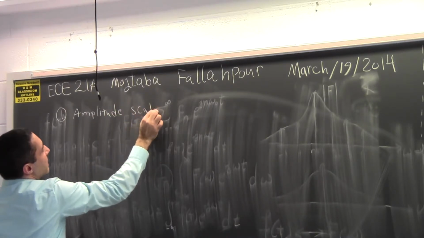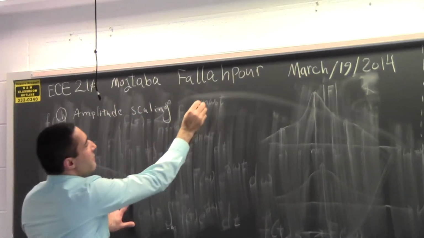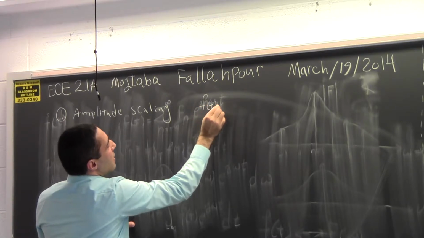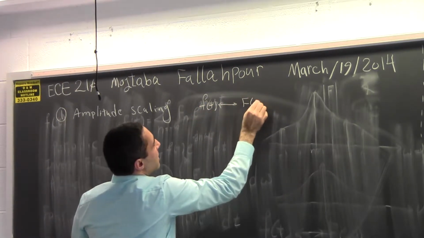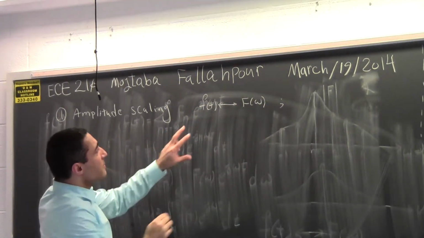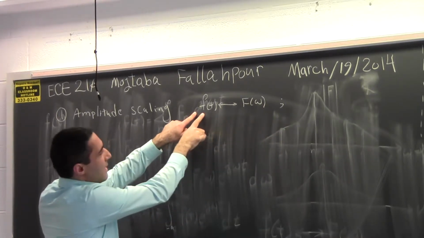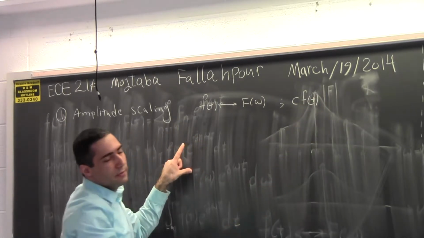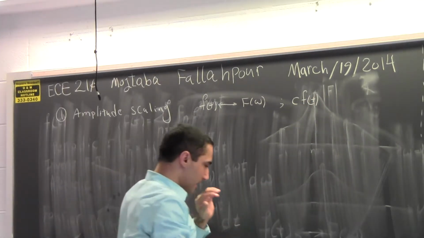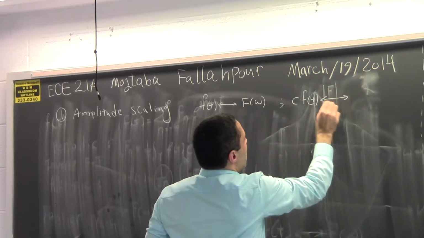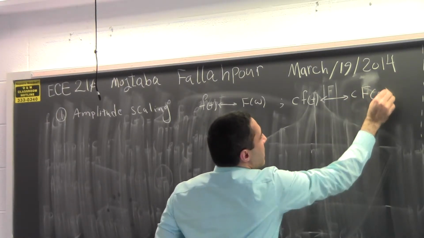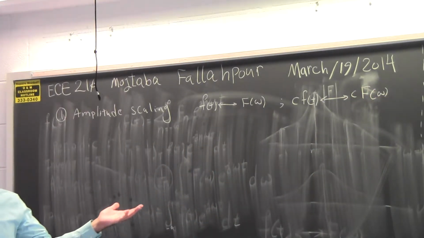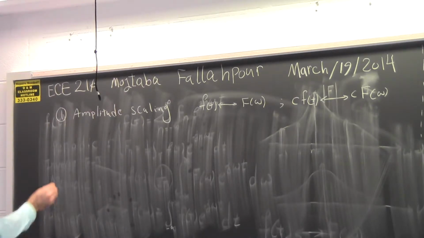This is a property which says that if you have f(t), which gives you F(omega), then if I scale this f(t) by c, where c is a constant number, it doesn't matter if it is real or imaginary, as long as it is constant, the Fourier transform is going to be scaled. That's very simple, right?